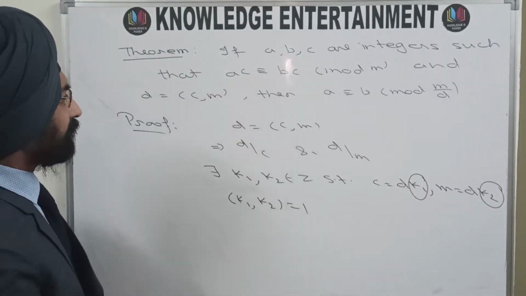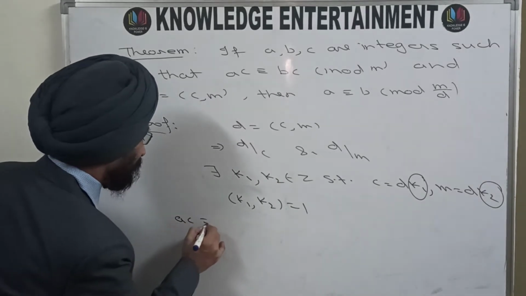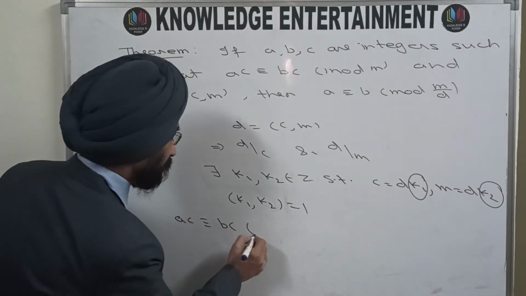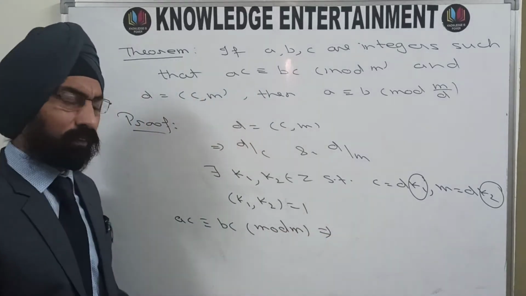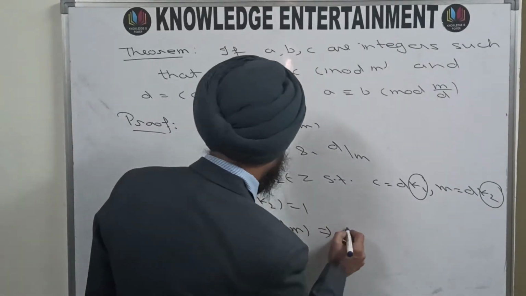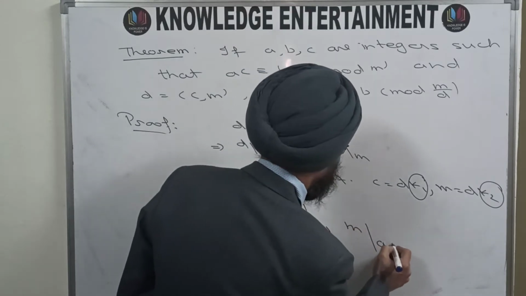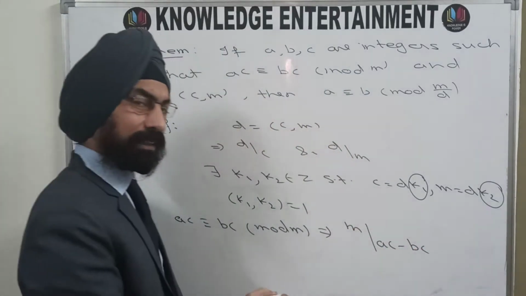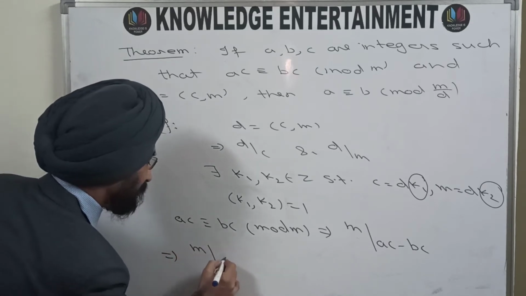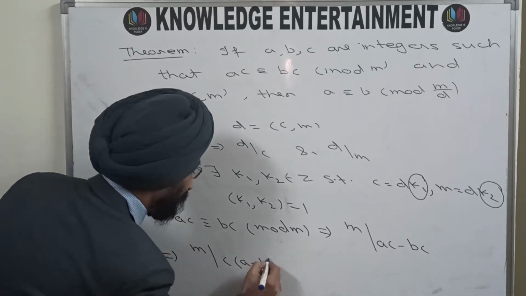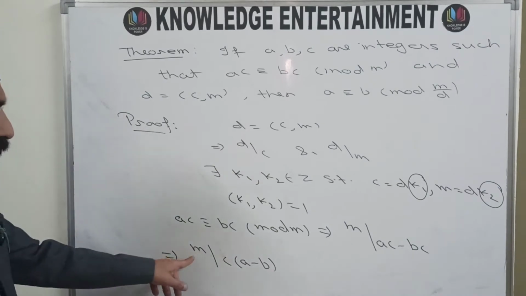Also, we are given that AC is congruent to BC modulo M. Using the definition of congruences, we can easily say that M divides AC minus BC, and this means M divides C times A minus B. Now what is your M?